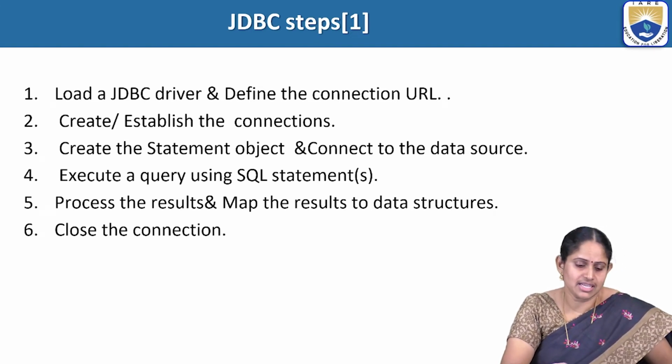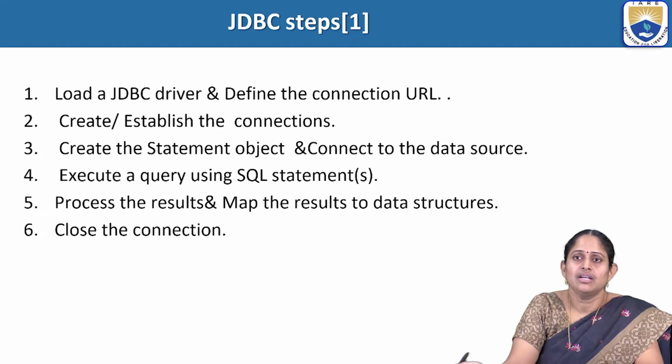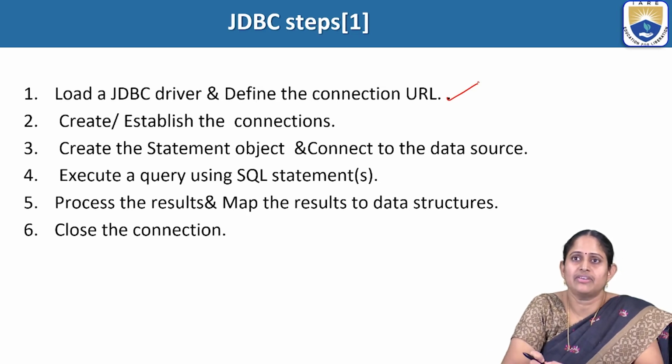There are 6 steps in which we connect Java to the database. First of all, we have to load the JDBC driver and define the connection URL. The second step is to create or establish the connection. Then the third step is to create the statement object and connect to the database data source. Then you execute the query using the SQL statements.